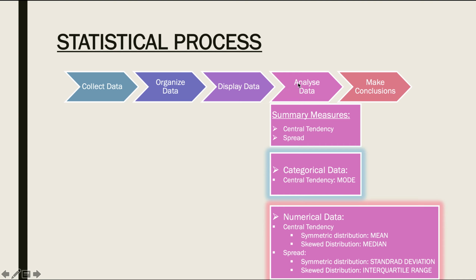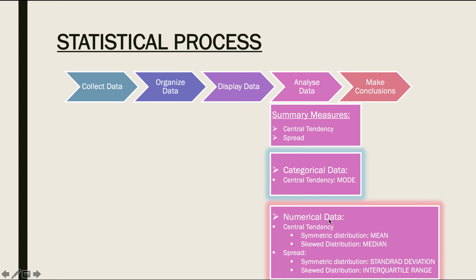Then we're going to analyze data. To analyze data, we talk about the summary measures, and these are either central tendency or spread. Central tendency are those that are the average, the mean, the mode, those ones, and the spreads are standard deviation and those kinds of things. If you're talking about categorical data, you only talk about the central tendency, and that's the mode.